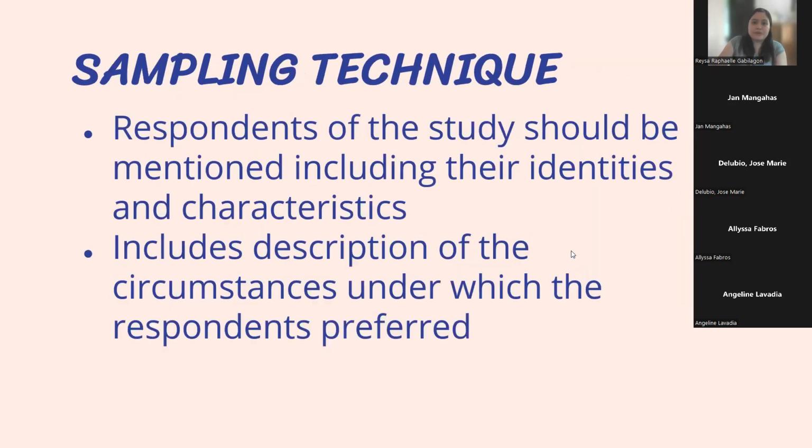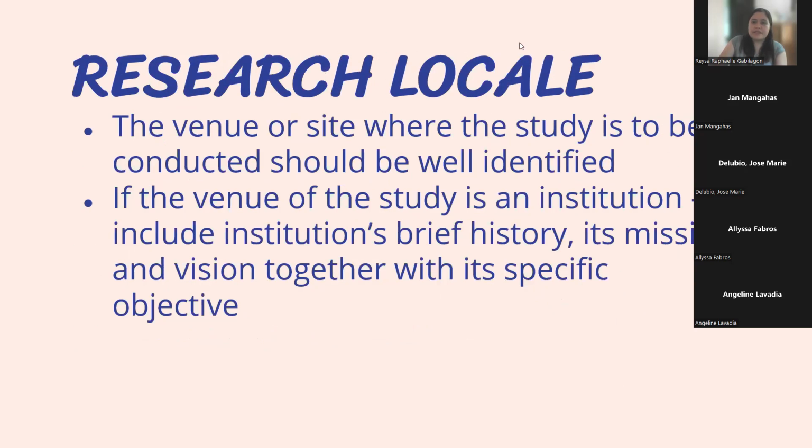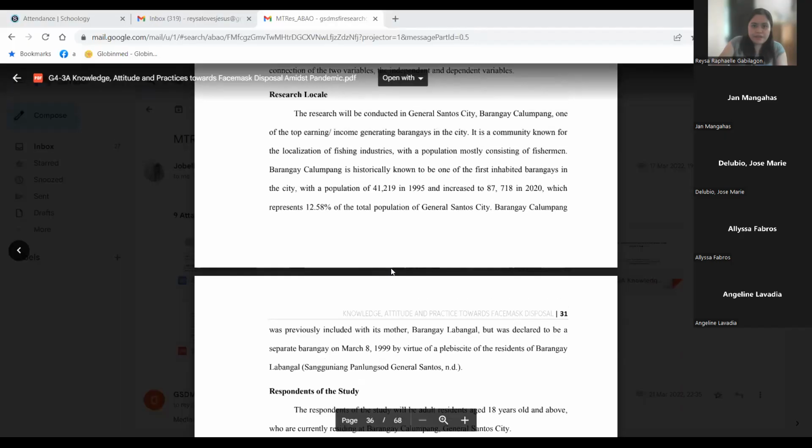Okay, now let's have an example for the research locale, how they did the research locale. We have here, the research will be conducted in General Santos City. So sa Gensan sila, pero they have specified that it will be in Barangay Kalumpang.